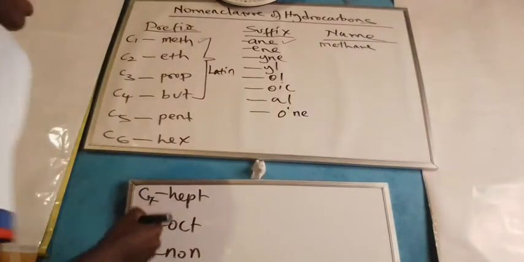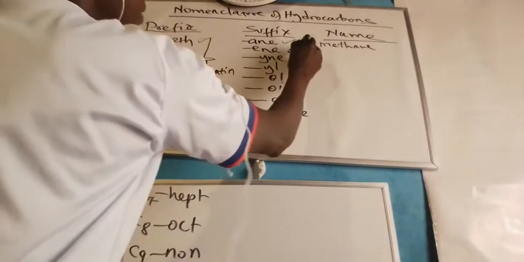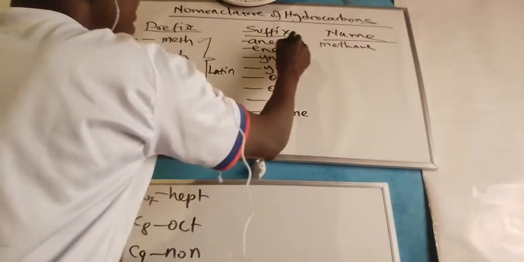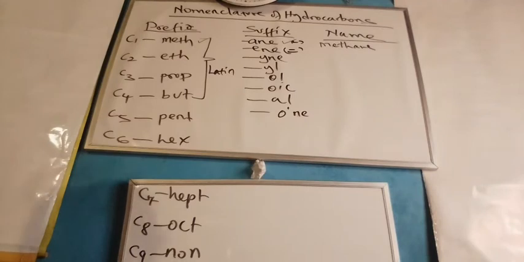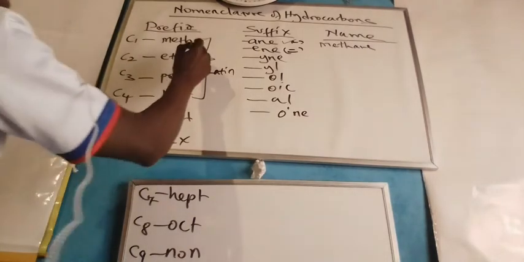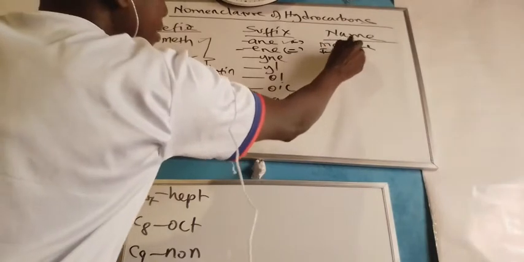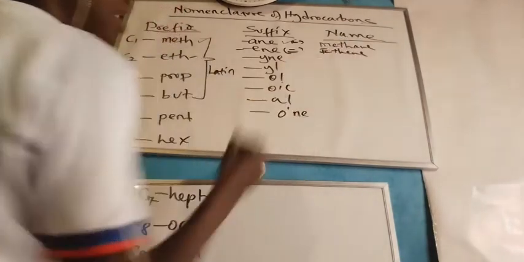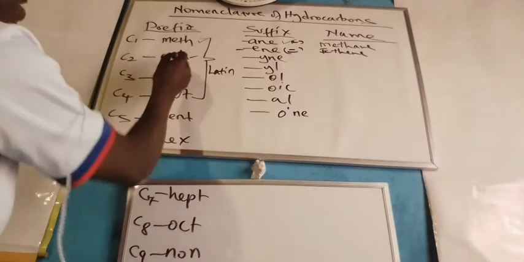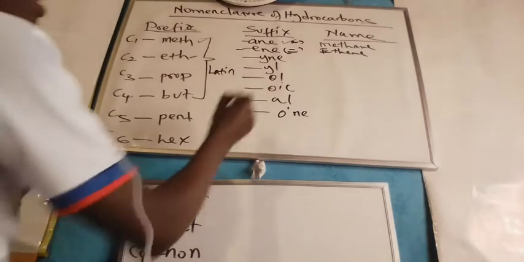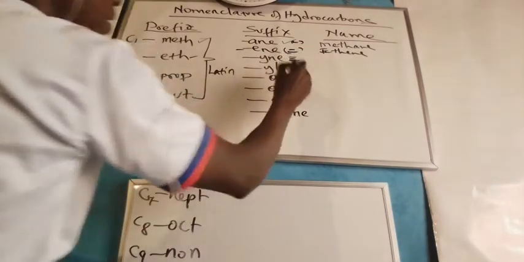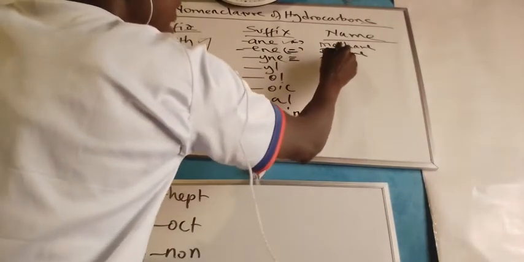Number 2, if the species is an alkene, which means it has a double bond, remember alkanes have single bonds, then we will name it, for example, using the prefix "eth" and "ene", so it will be ethene, meaning a double bonded hydrocarbon with 2 carbons. If we still name it from the same prefix and the suffix "yne", which means it has a triple bond, then we would have ethyne.